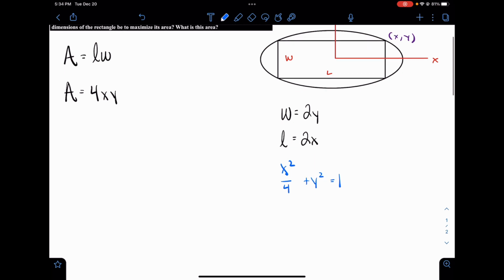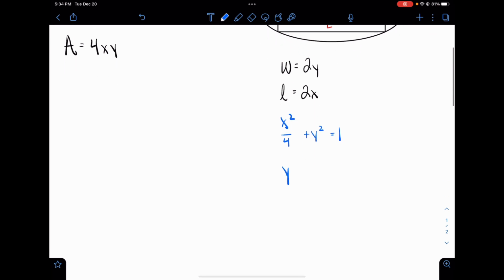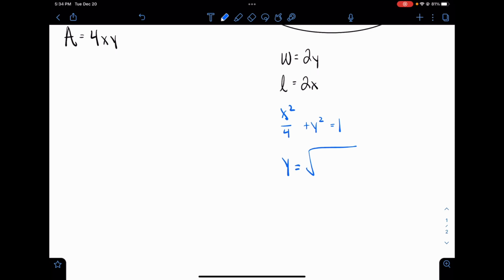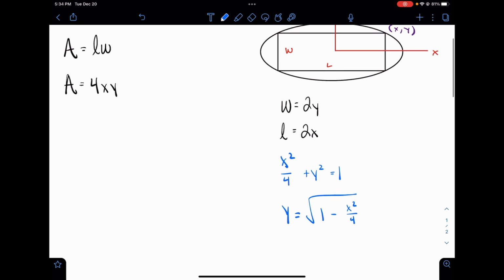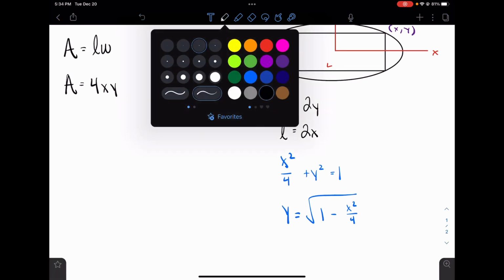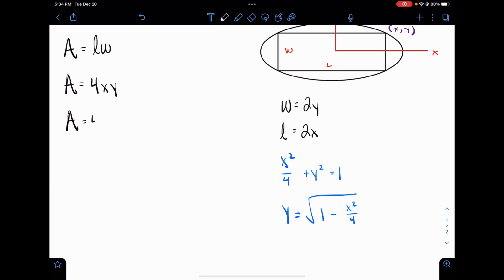We can solve this equation in terms of y to plug into our area equation. So y equals (1 minus x squared over 4) to the 1/2. We get this, and now we can plug this into our original equation. So we're left with area equals 4x times (1 minus x squared over 4) to the 1/2.